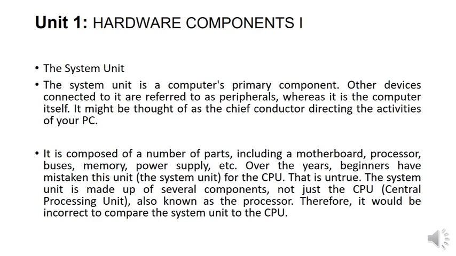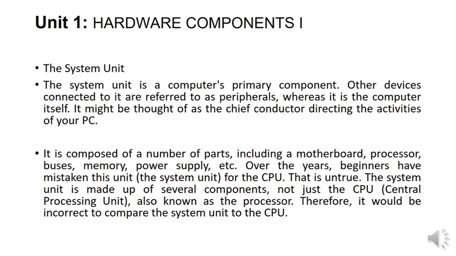In essence, the system unit is the main body that comprises your motherboard, hard drive, CD-ROM, RAM, processor, sound card, network card, and power supply. It comprises everything in the system unit.